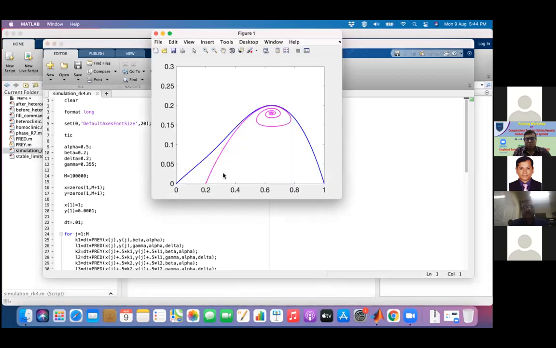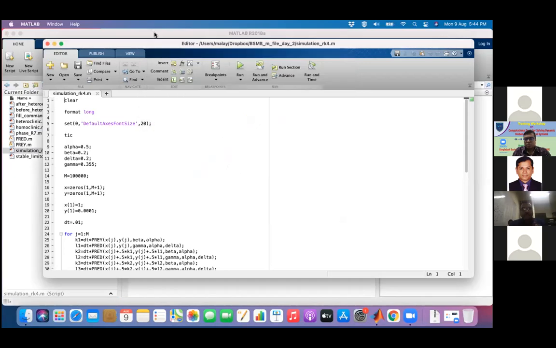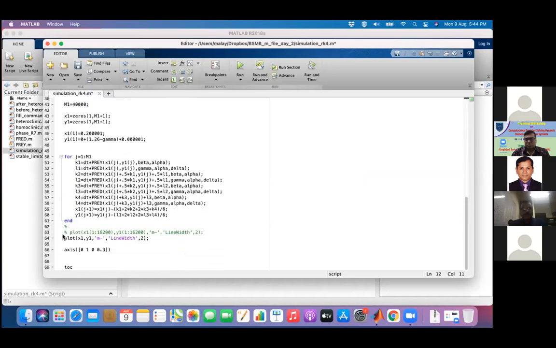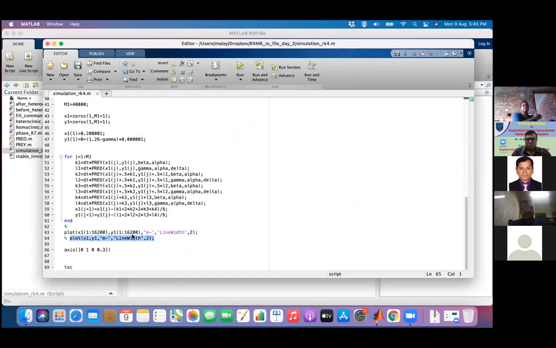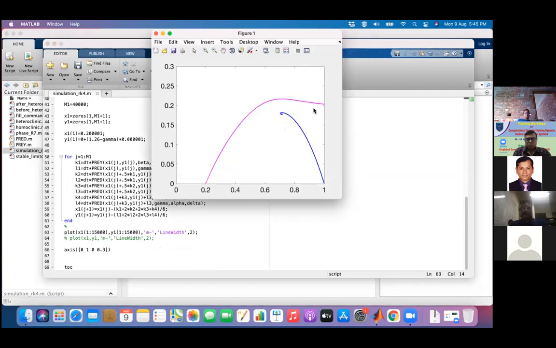If I have a parameter value that is a little bit less than this one, let me consider 0.34, and here I again go back to this particular range to plot, and then there is no trial and error. Rather, if I just consider this much of iterates, then the entire domain lying between this stable manifold is the basin of attraction of this particular equilibrium point.